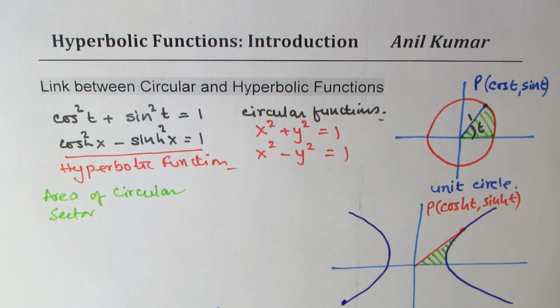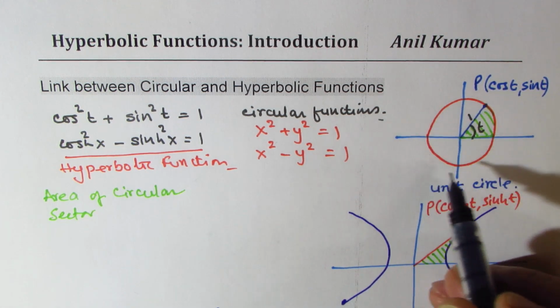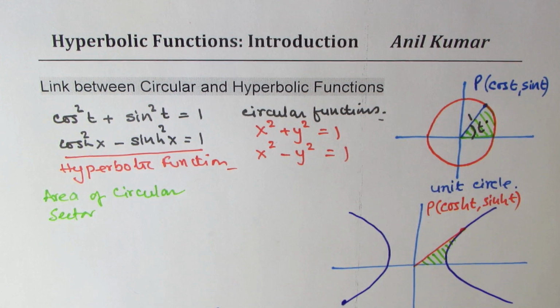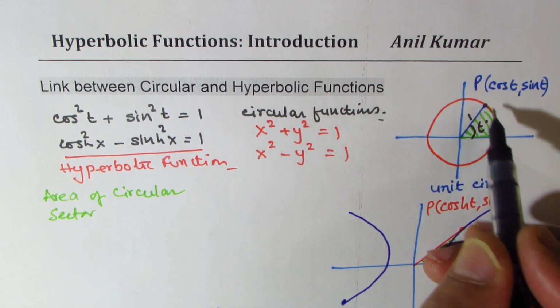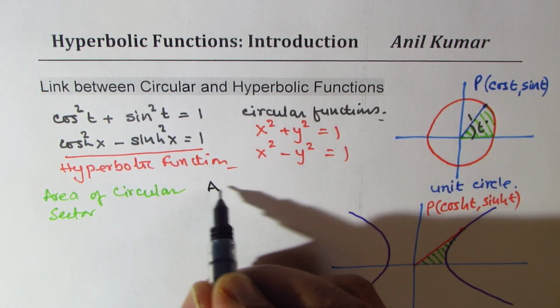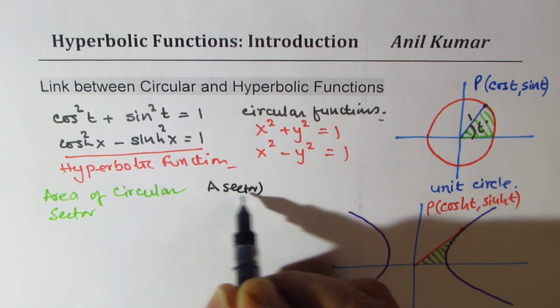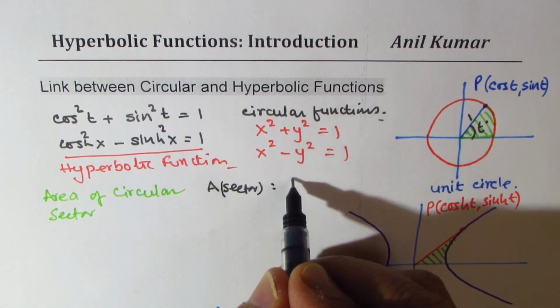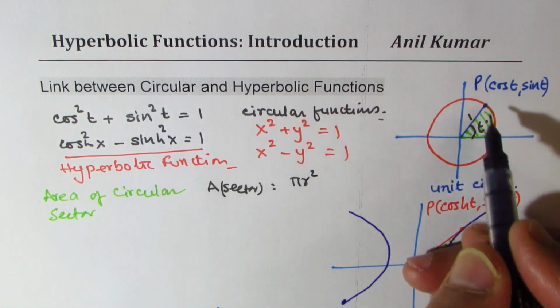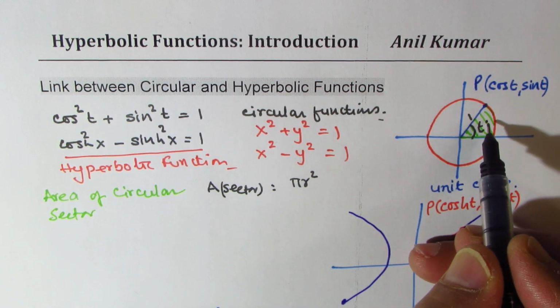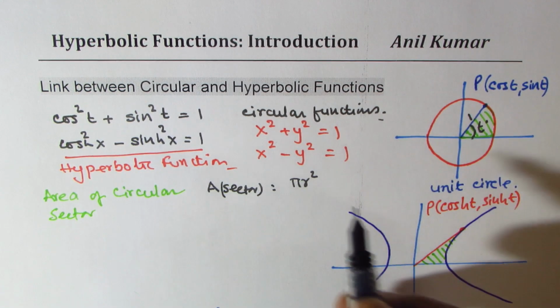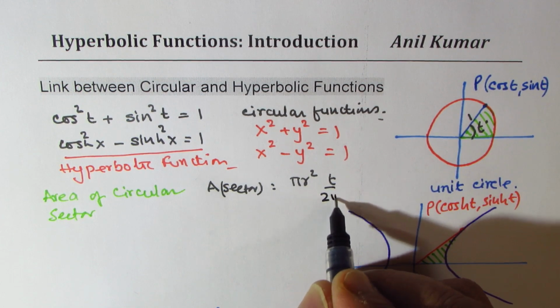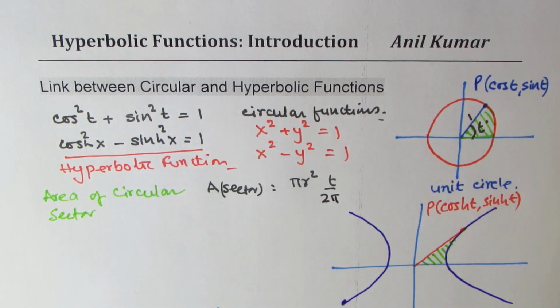Now if the angle is t in radians, any real number, what is the area of this shaded portion? Well, you know pi r square is the total area, right? The area of the sector will be the ratio of the angle, which is t over 2 pi, 2 pi being the full angle, correct?